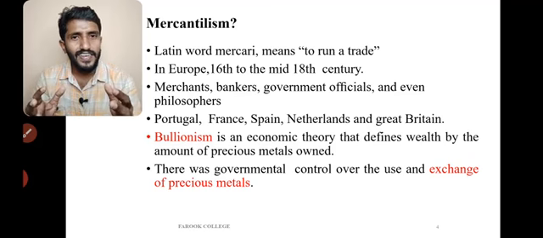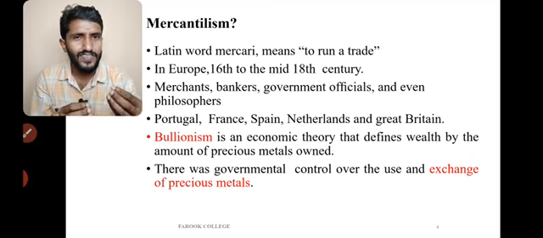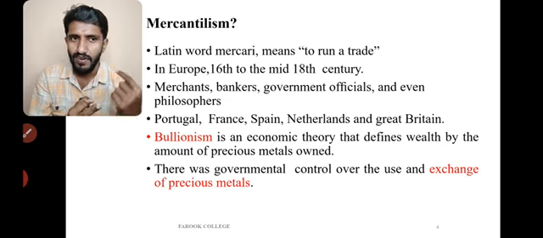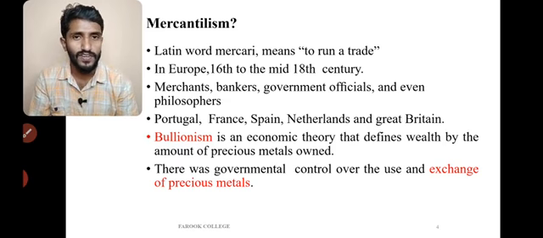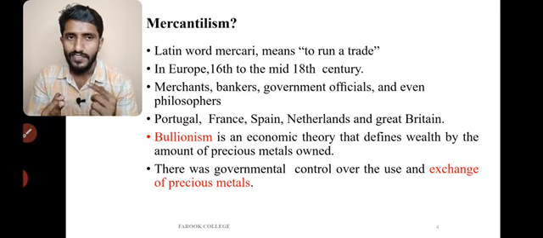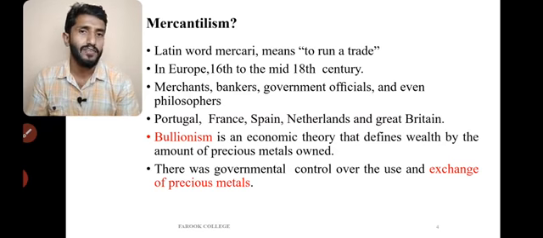And we cannot say that it is exactly a contribution of some economists, but there were merchants, bankers, government officials, and even philosophers who contributed to this idea of mercantilism. It existed in countries like Portugal, France, Spain, the Netherlands, and Great Britain.